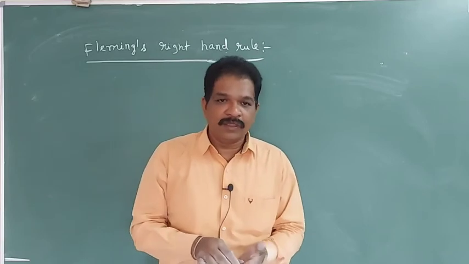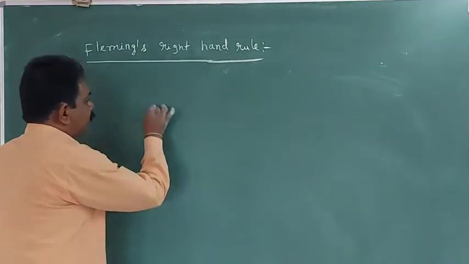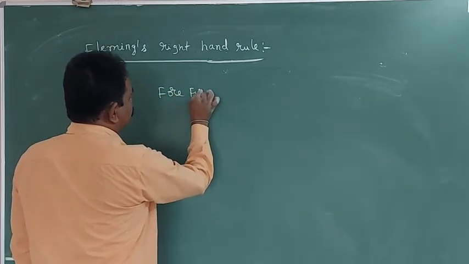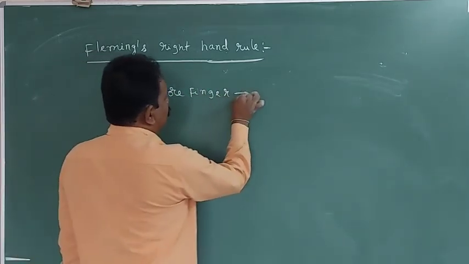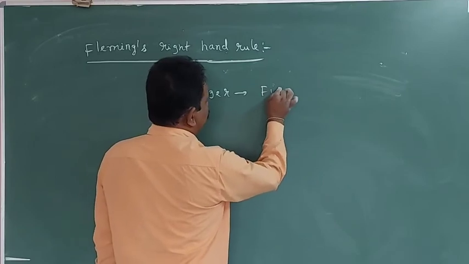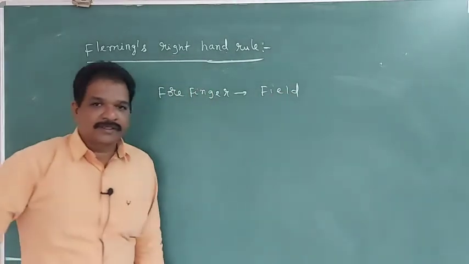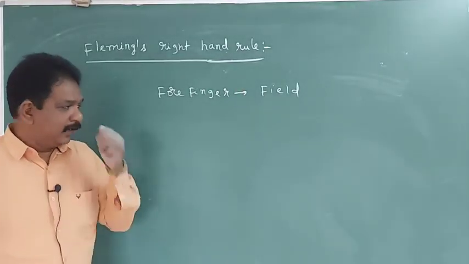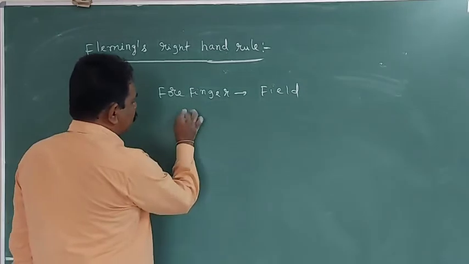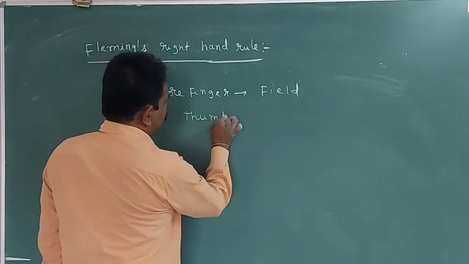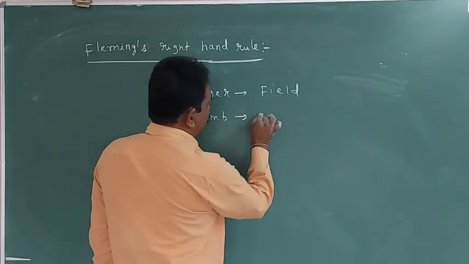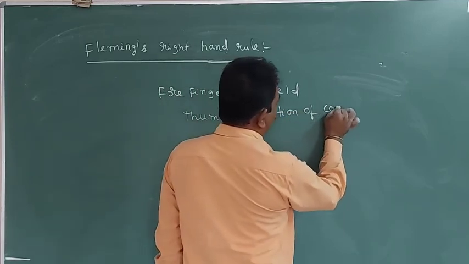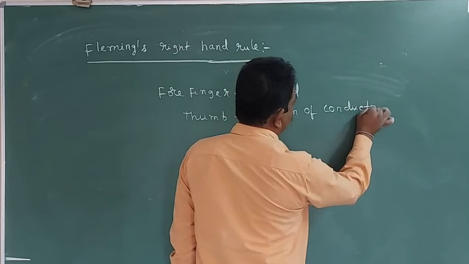Use the same wording. Then the forefinger is indicating the field direction. The thumb is indicating the motion of the conductor.